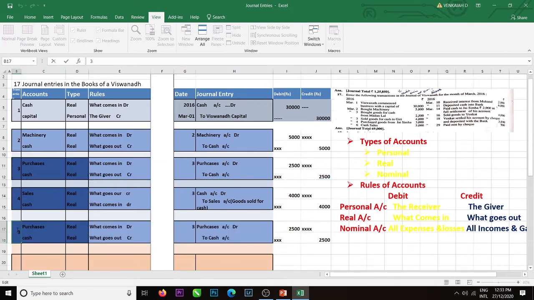Number 5, purchases. Here we have to write Jai Simha, and Jai Simha is a personal account. When goods were purchased, Jai Simha is the giver. The giver is credit.